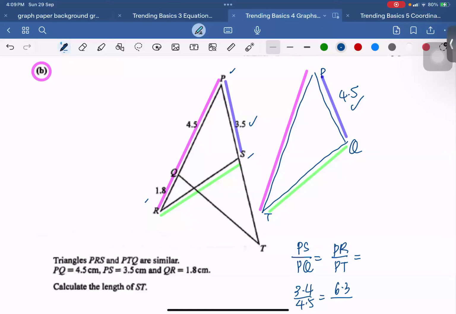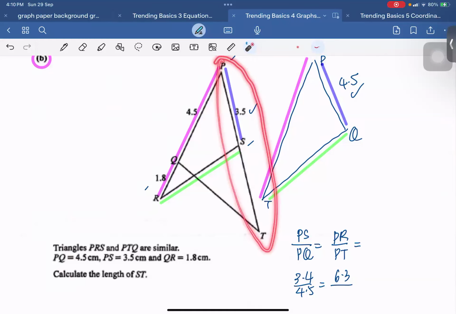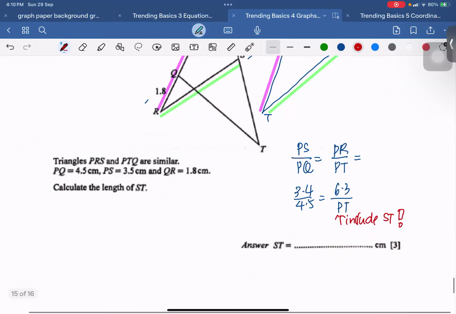PT, P to T, includes 3.5 plus ST. I need to find PT, which includes ST. Based on here, I already have two ratios that I can work out. So I'm going to find PT first.